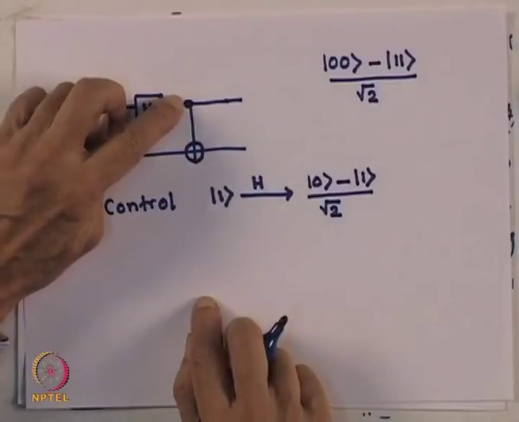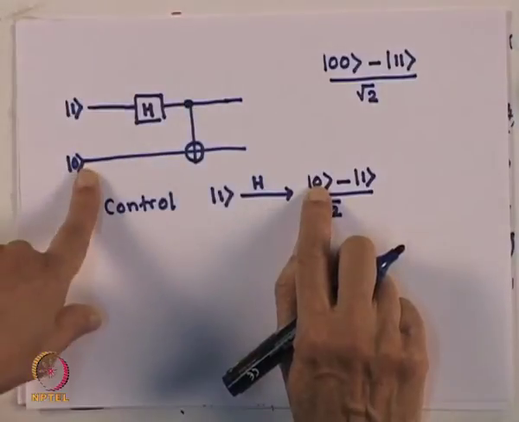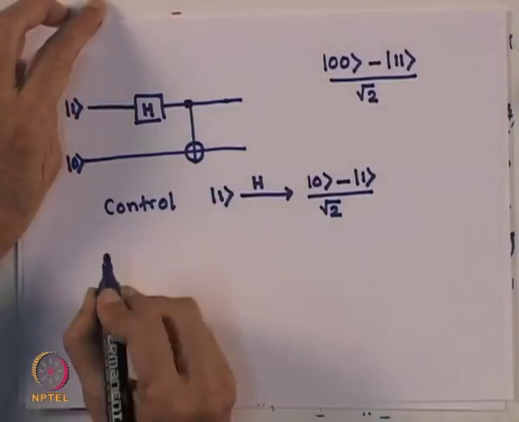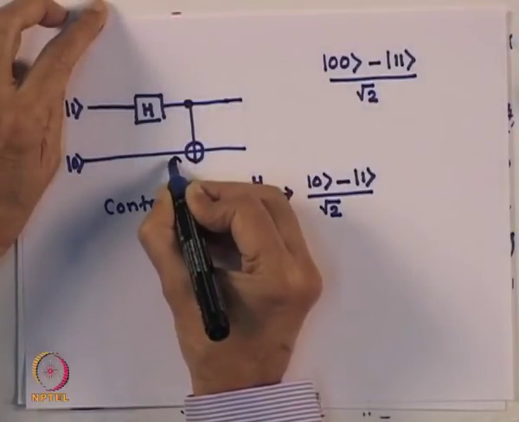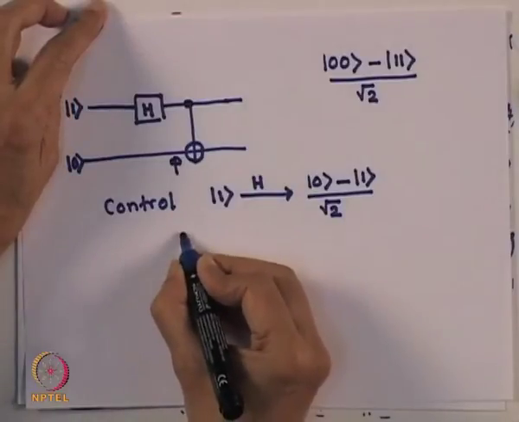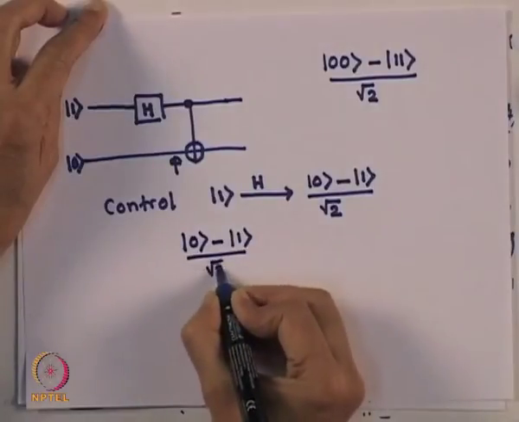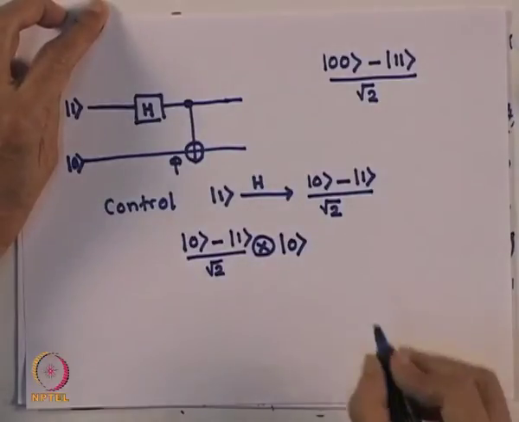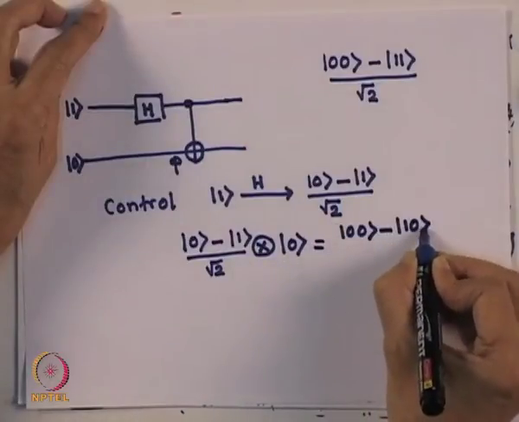Now when this qubit is 0, this will leave this 0 the same. So in other words, since my target initially was 0, my net state at this stage is 0 minus 1 by root 2 direct product with 0. So which is just 0 0 minus 1 0 divided by square root of 2.